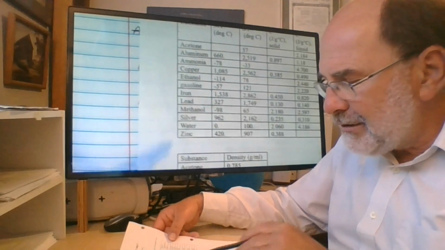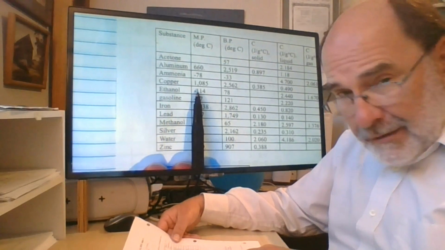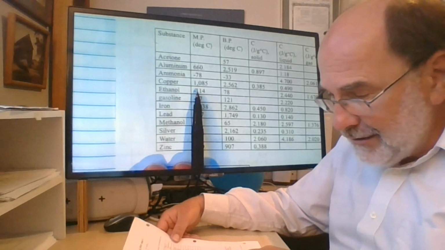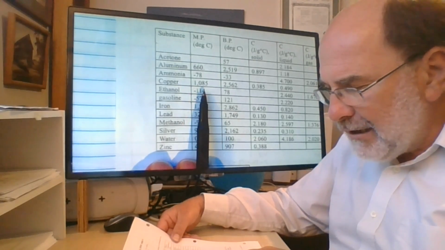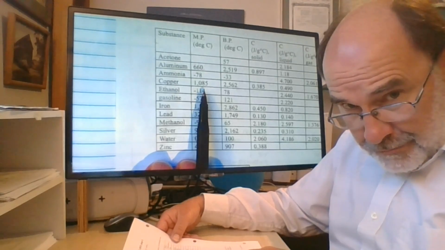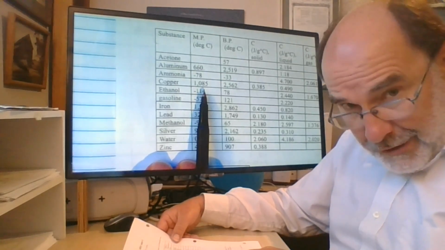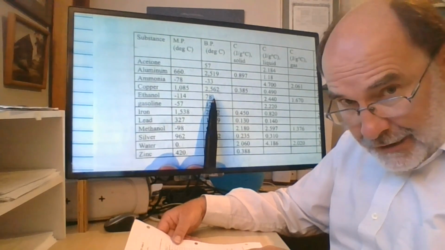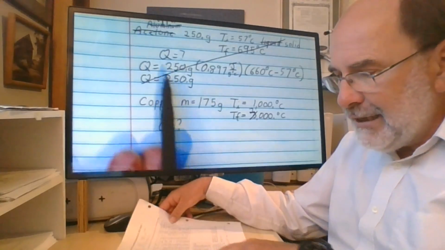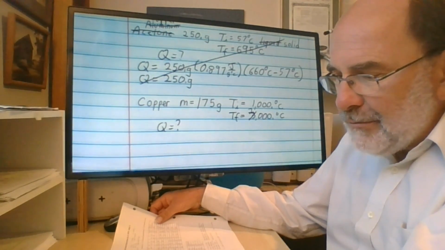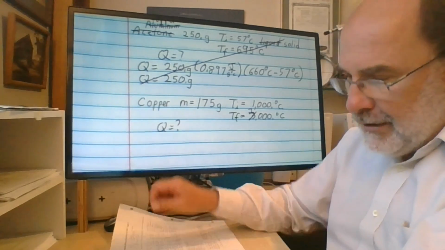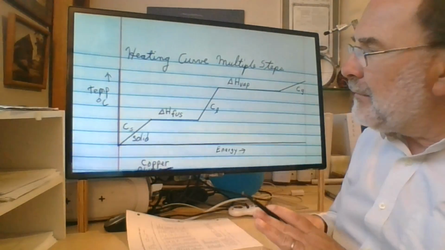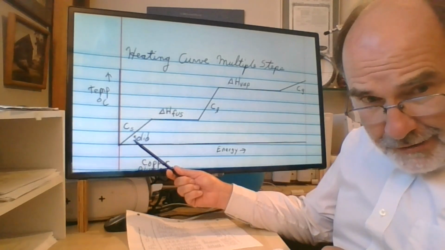So in this situation, I will be starting with copper in its solid state, heat it up to its melting point, melt it, and then heat it up, but not as high as its boiling point. So on the heating curve, I'm starting with solid copper.